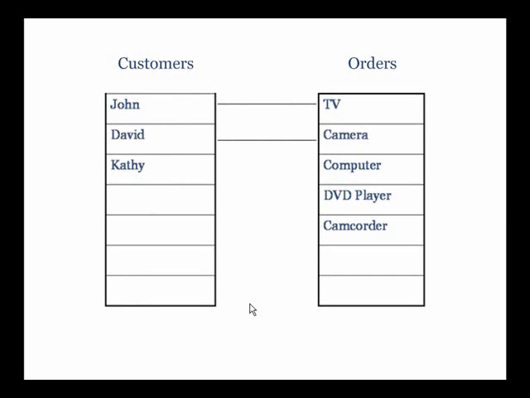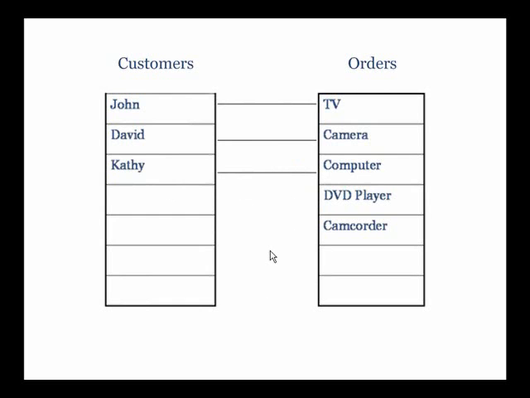When Kathy comes in and buys a computer, we add Kathy to the customers table and computer to the orders table, or the products table. It's actually, we should call it products because it's not orders. We are representing products in the products table. So Kathy buys a computer, and we add Kathy to the customers table and computer to the products table, and add a relationship between both.